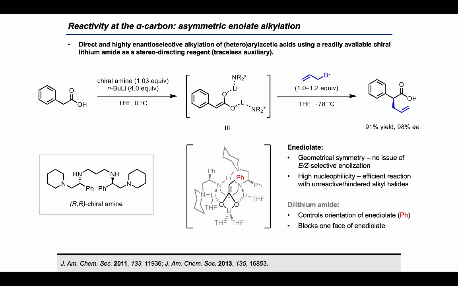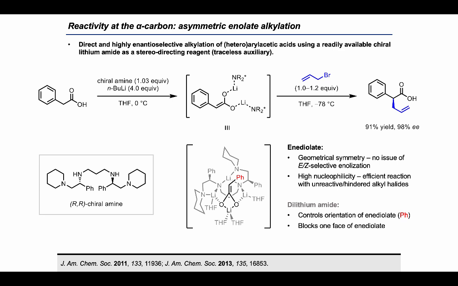Due to the high nucleophilicity of ene diolates, typically unreactive and hindered alkyl halides afford high yields and enantioselectivities in this reaction. Using experimental and computational techniques, structural studies of the organolithium aggregates formed during the reaction allow a stereochemical model to be proposed.